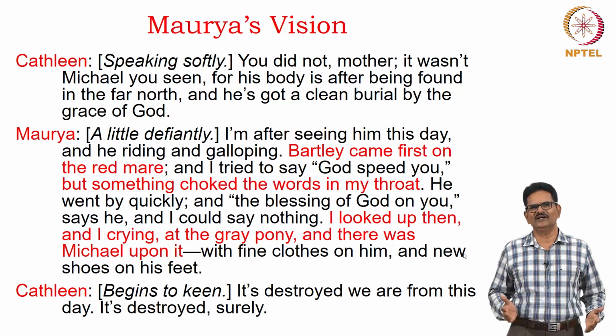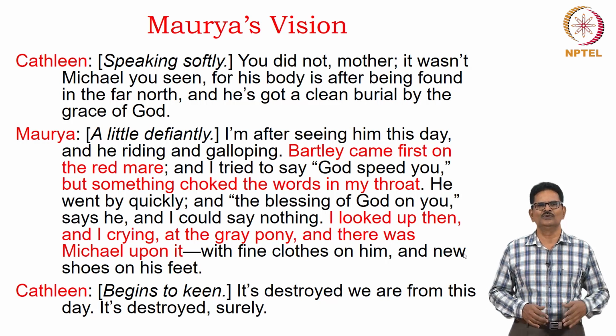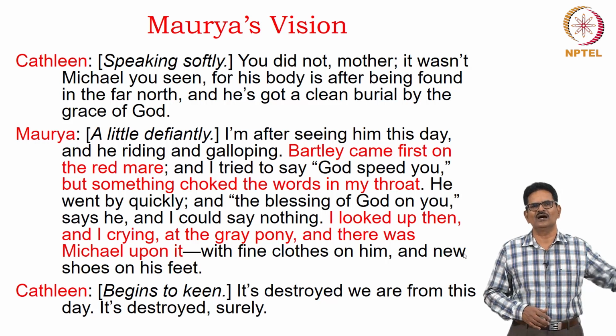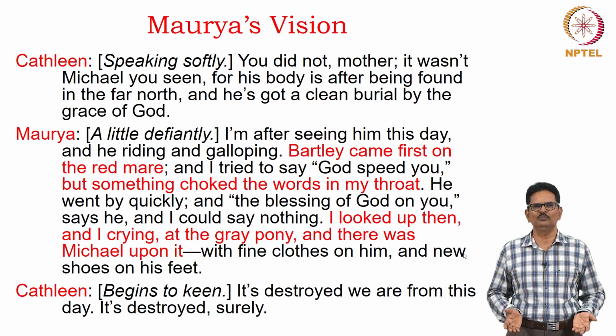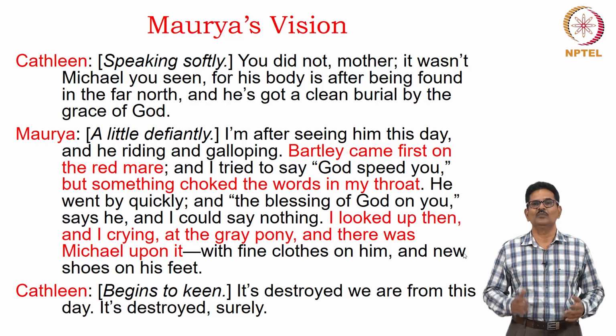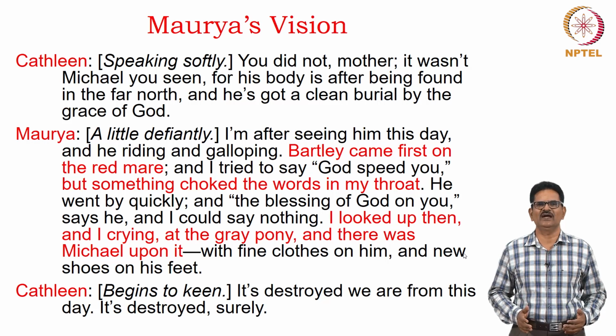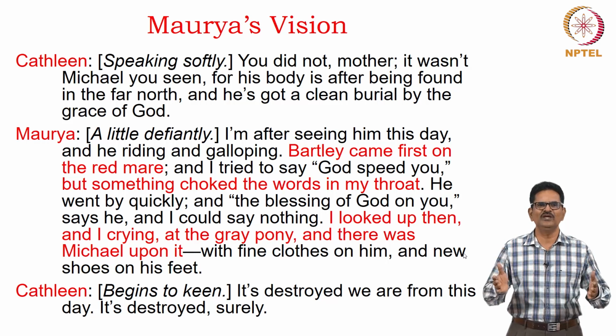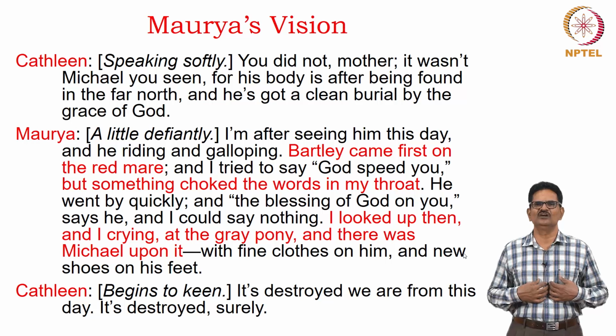A little defiantly, Maurya says, "No, no, no, he is not found in the far north. I saw him here in our own place. I am after seeing him this day, and he riding and galloping. Bartley came first on the red mare, and I tried to say, God speed you, but something choked the words in my throat.